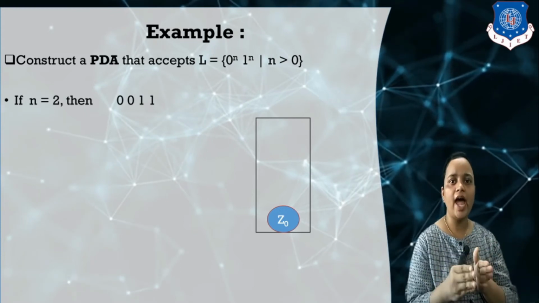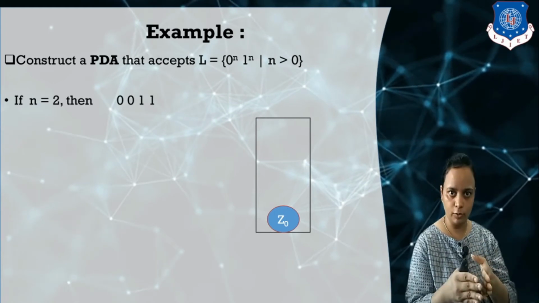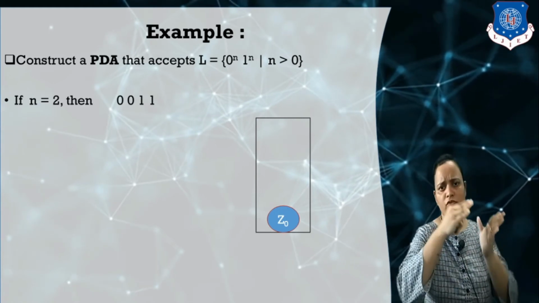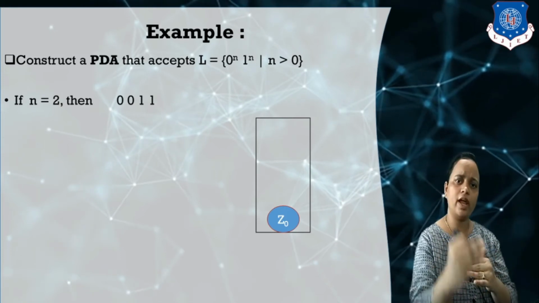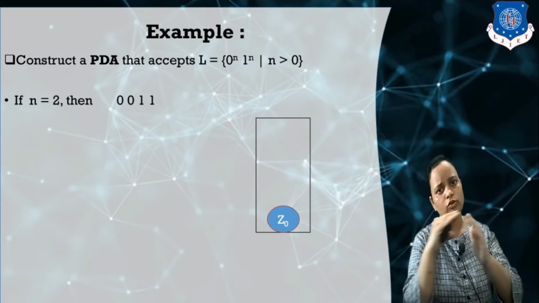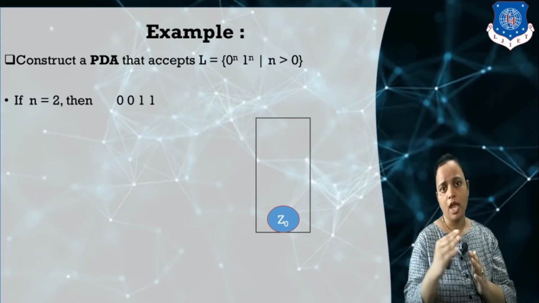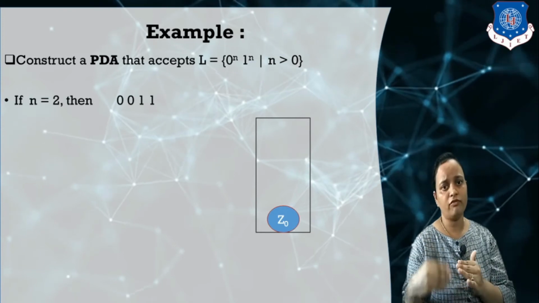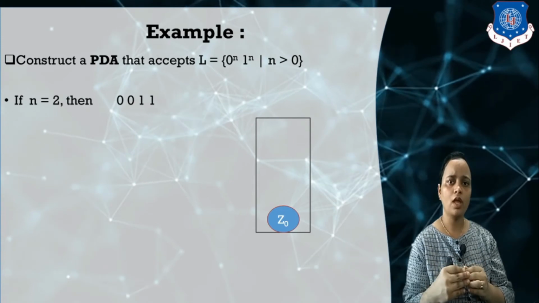Whenever I read a 0 symbol in the input, we insert all the 0s onto the stack one by one. Whenever I read a 0 symbol, I push it. Now when I start to read a 1, we need to perform the pop operation.